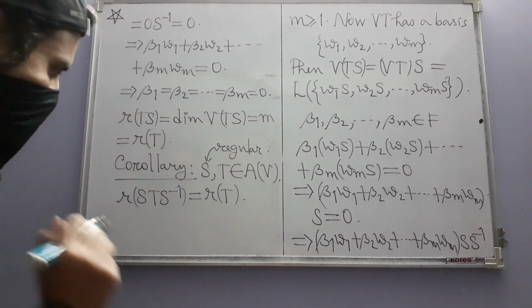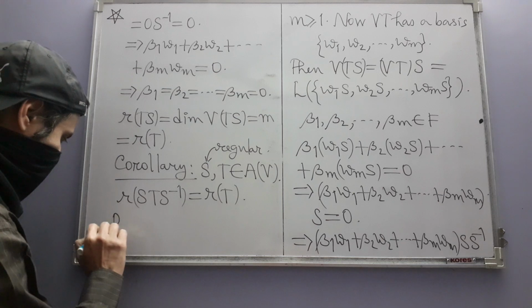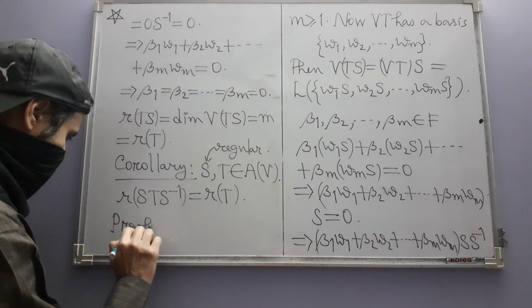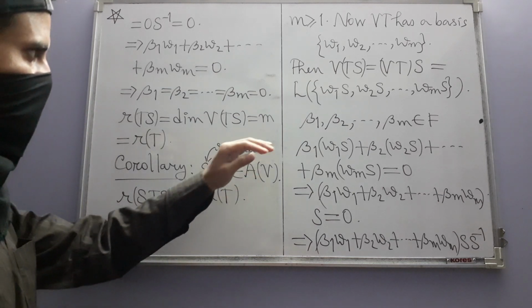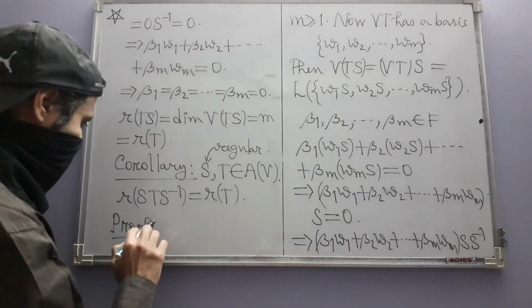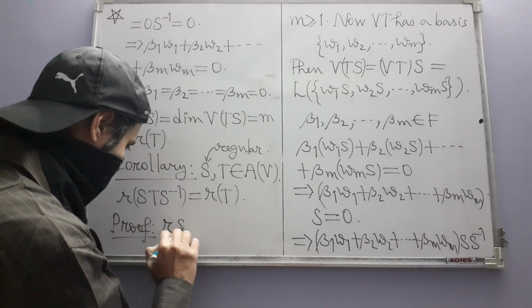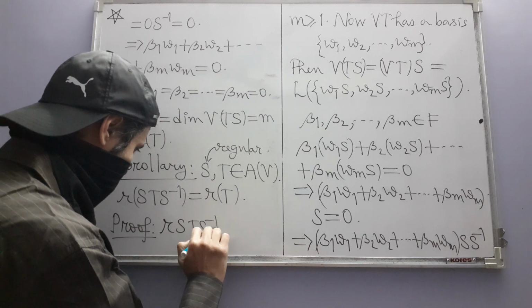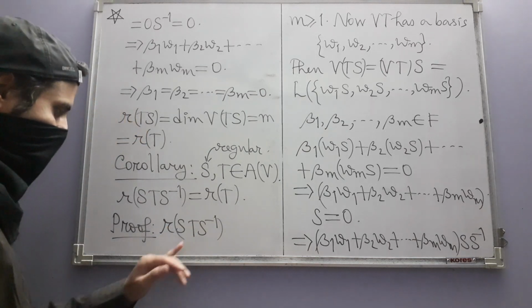The proof is a one-line proof. Recalling part 3 of the previous lemma, what does part 3 say?